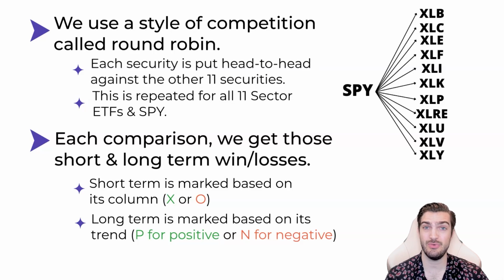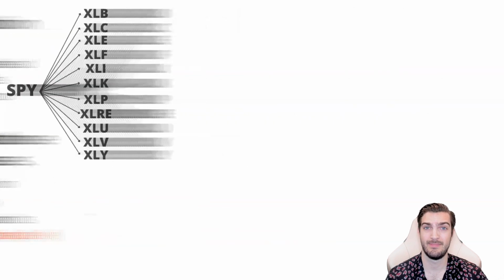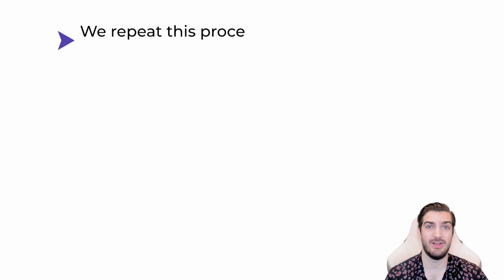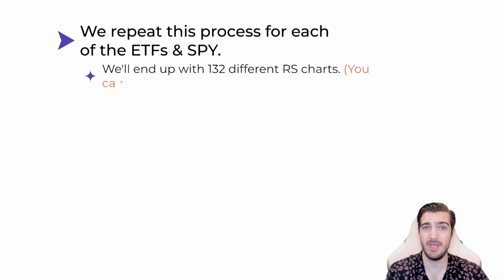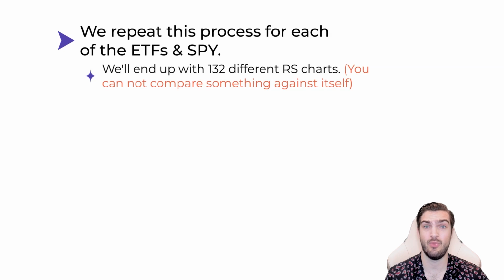That gives us two letters to summarize the chart, X or O, and P or N. We repeat this process until we've completed every possible matchup, which, because we have 12 different securities and you can't compare the same security against itself, gives us a total of 132 relative strength charts.